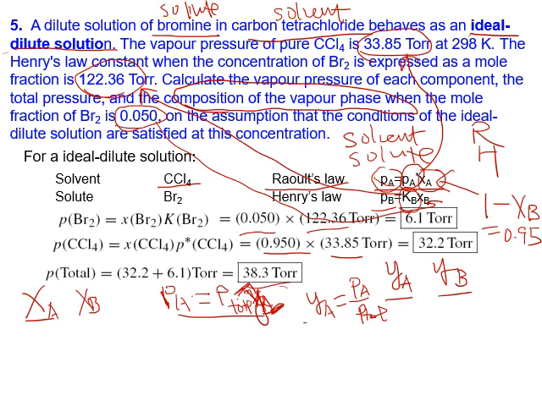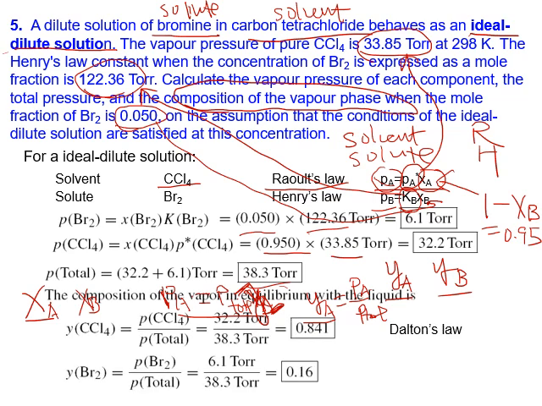So the gas mole fraction is the partial pressure of gas A divided by the total pressure. Using this equation, we can calculate the carbon tetrachloride mole fraction: the partial pressure, which is 32, divided by 38. Okay, so that gives you 0.94.